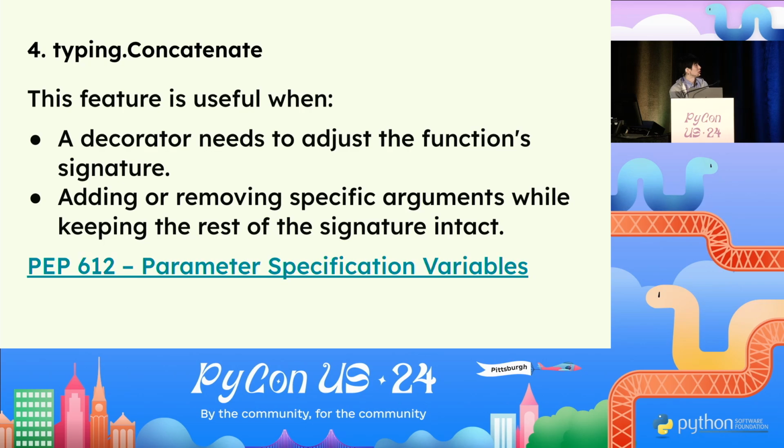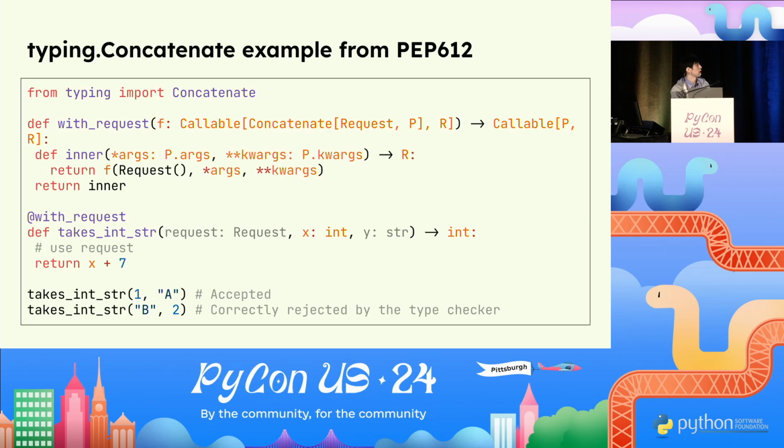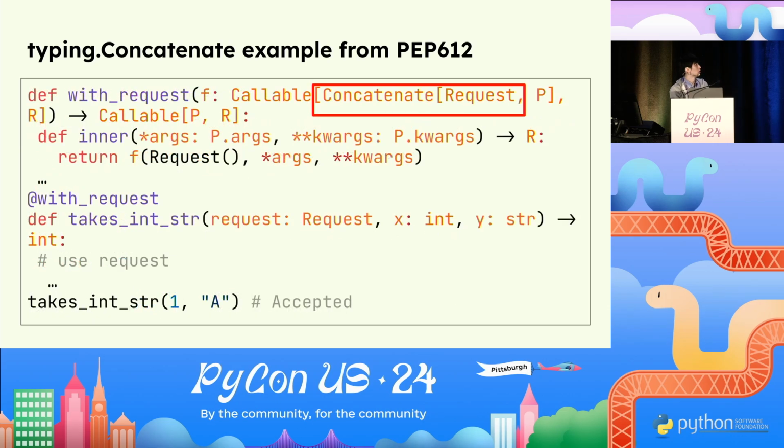Next, the Concatenate type. This is very useful to adjust the function signature, adding or removing a specific argument. Please check the PEP example. Let me pick up the important parts. This type has the Request, which is an example class type.